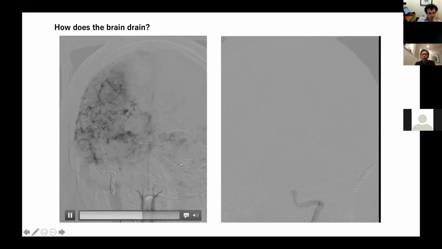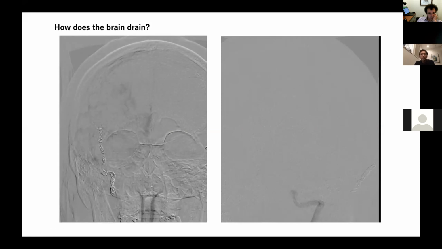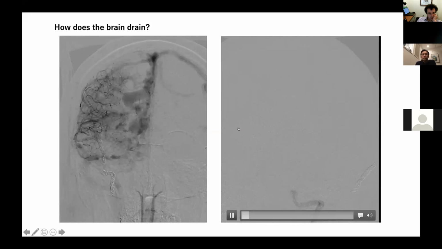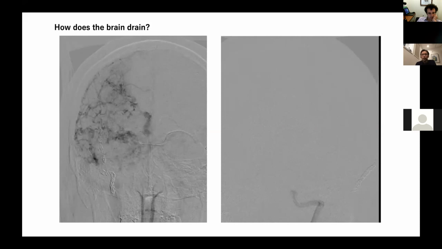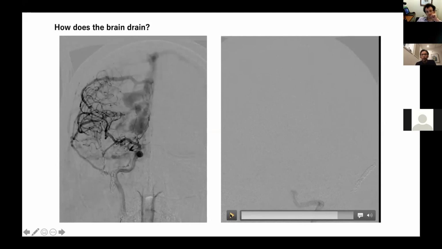But actually, one of the most important things, and sometimes people overlook that, is how the brain drains. Because without knowing this, you might damage or disturb the brain venous drainage because of your embolization or something.